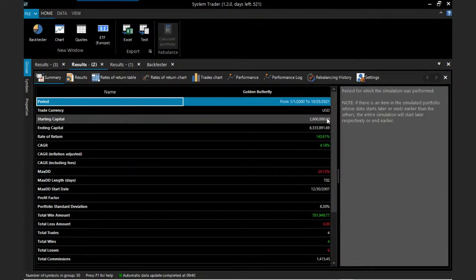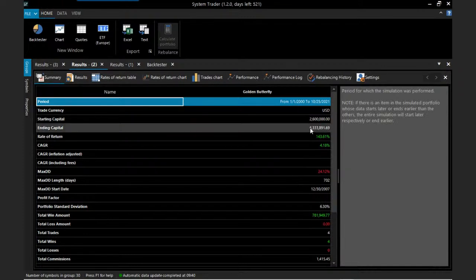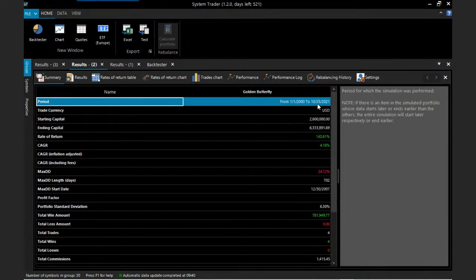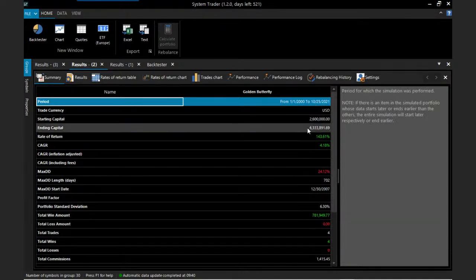And the same portfolio, the Golden Butterfly. Although we were taking out 4% of our portfolio each year, by the 25th of October 2021 we would have on our account over $6 million.